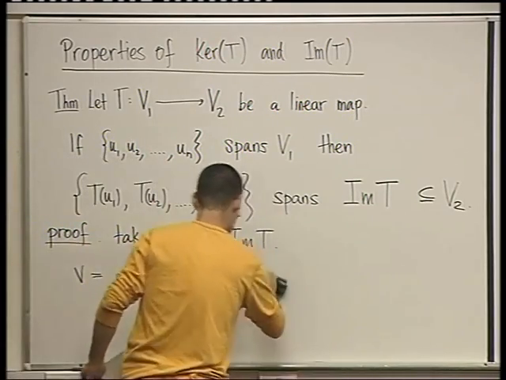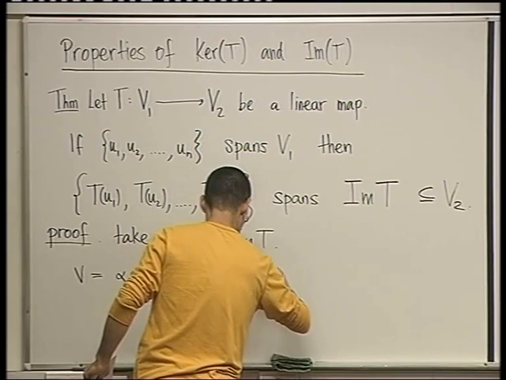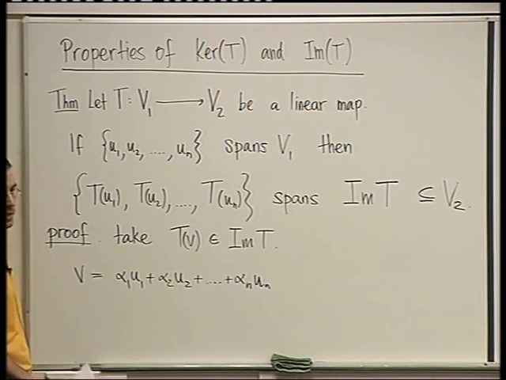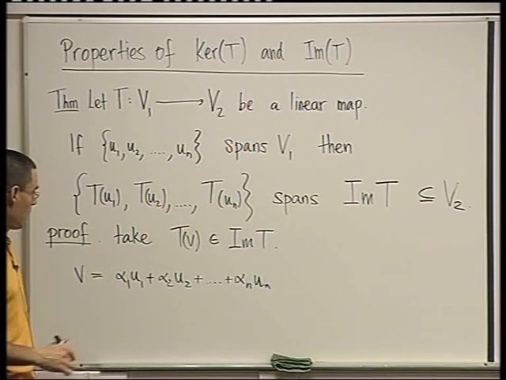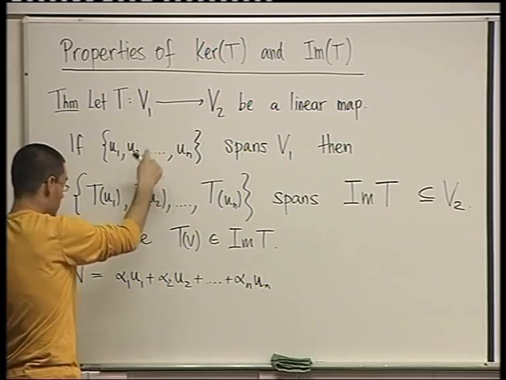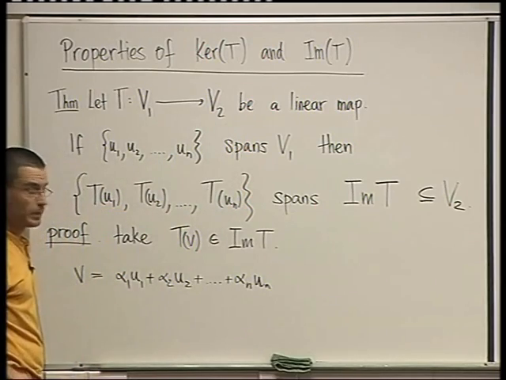Beats me why I converted to U's here. They should have been all V's. But anyway, V is a linear combination of these guys because this is a spanning set for V1.